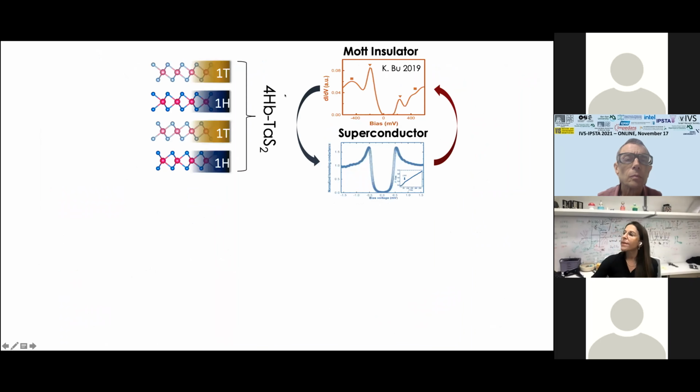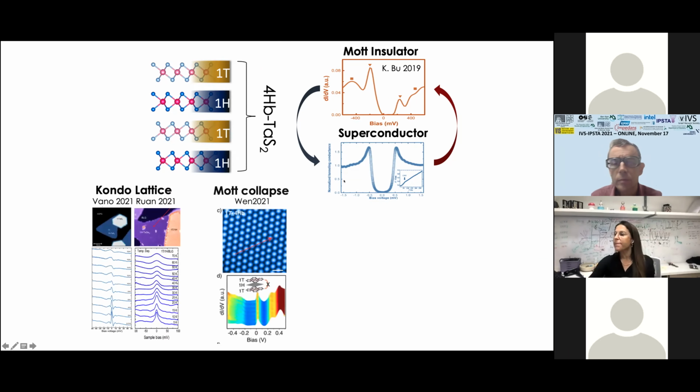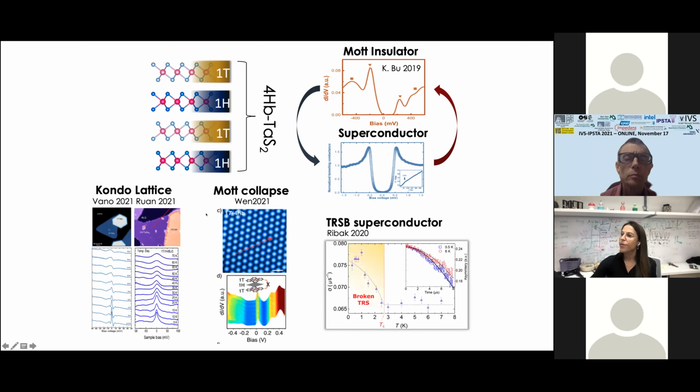Now, the 4Hb is an alternating stacking of these two strongly correlated states. And recently, it also became a subject of experimental studies.